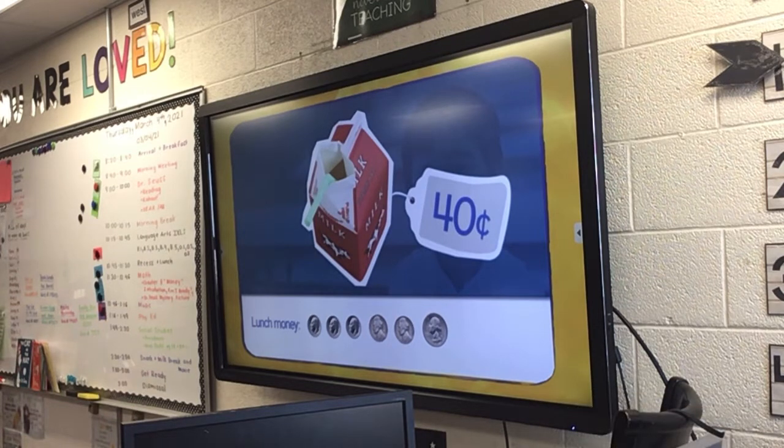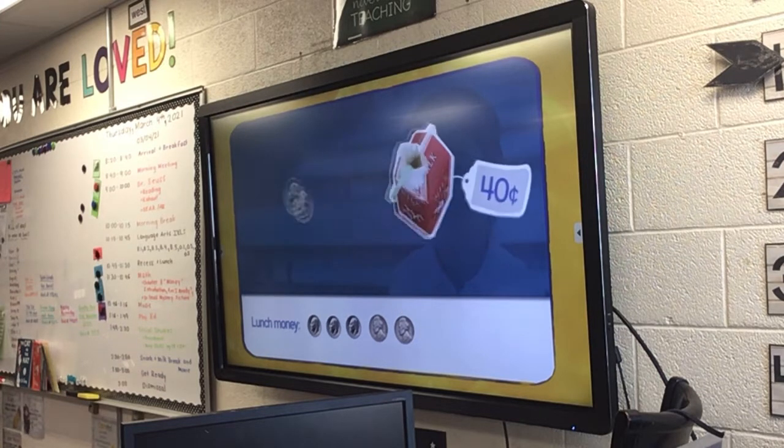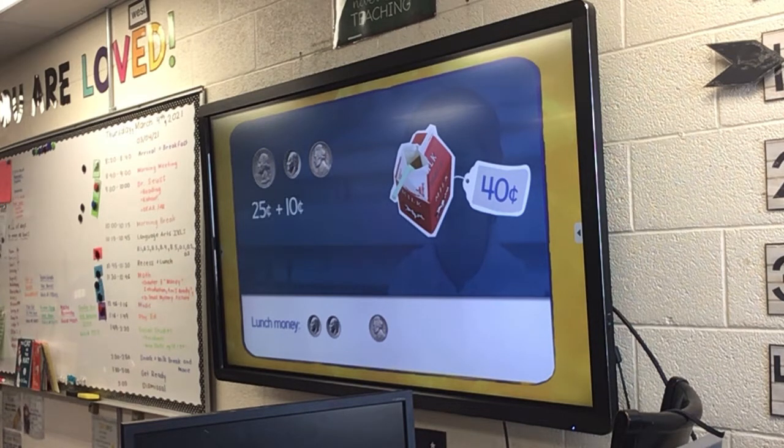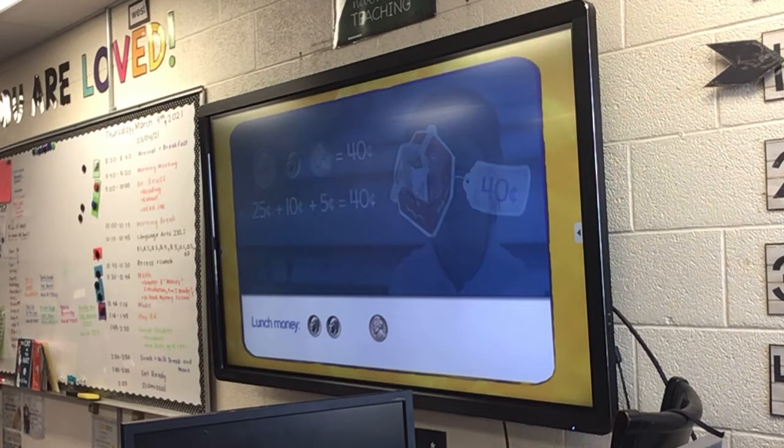Milk costs 40 cents. When you're counting with coins, it's best to start on the coin with the highest value first. That makes it easier to figure the value. If you give me the quarter, a dime, and a nickel, the milk is all yours. 25 cents plus 10 cents plus 5 cents equals 40 cents.